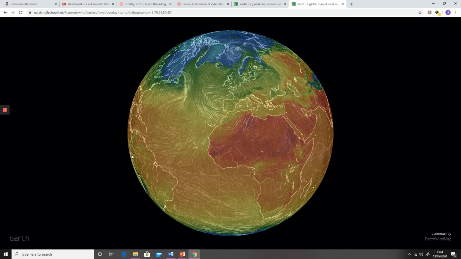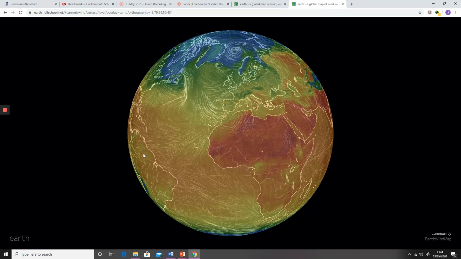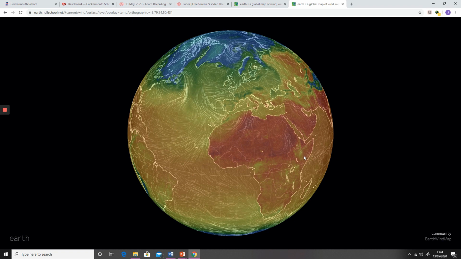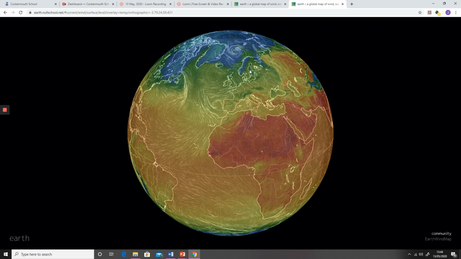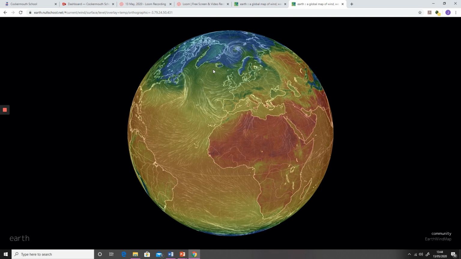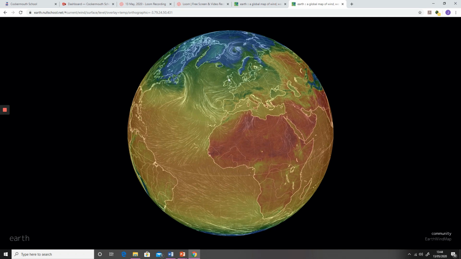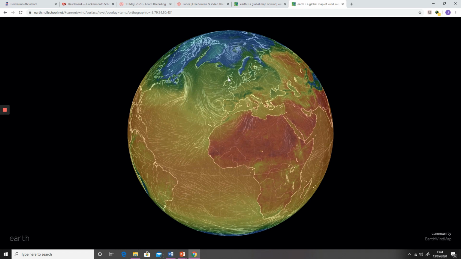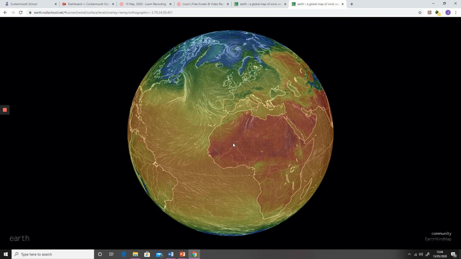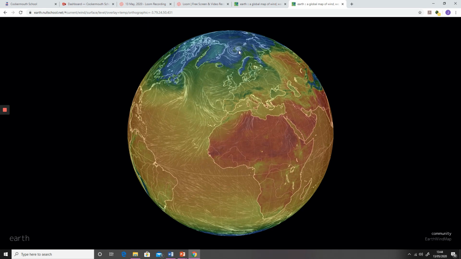Around the low latitude, so around the equator, it's warm. Up near the poles, high latitudes, it's cold. And then we're in this kind of greeny bit, so this is the mid-latitudes. And we have what we call a temperate climate. It's not hot, but it's not cold.